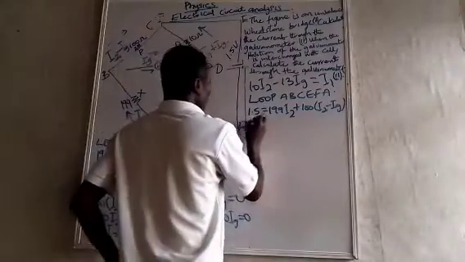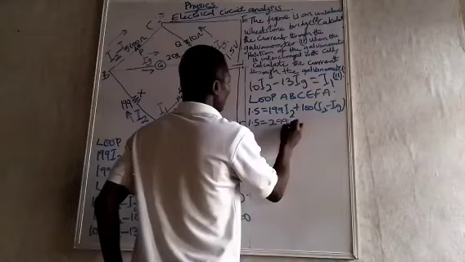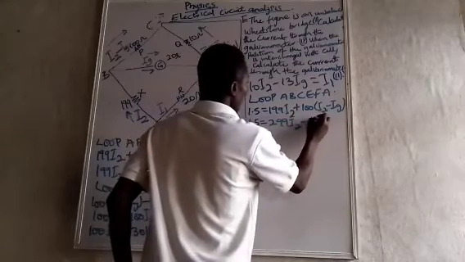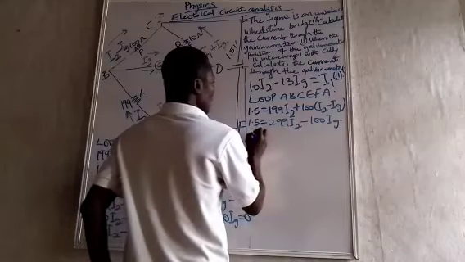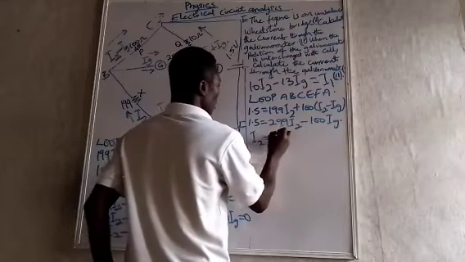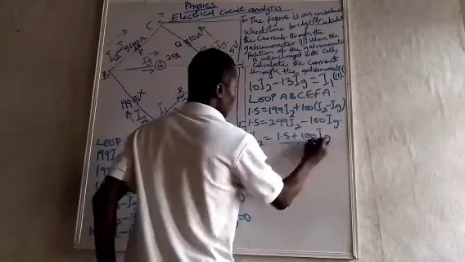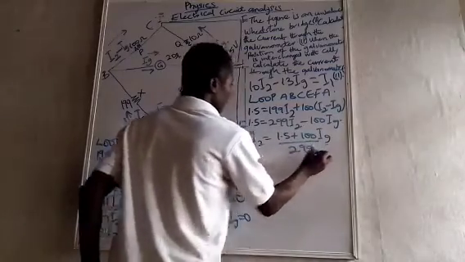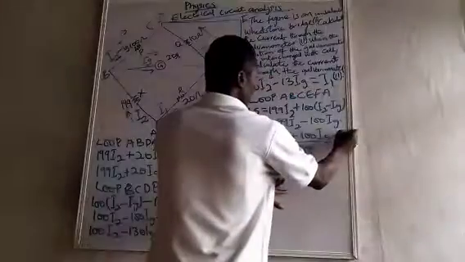So I can say 1.5 equals 299 I2 minus 100 IG. So from here I can say that I2 is equal to 1.5 plus 100 IG over 299. So it's making the job easier now. Let's call this one our number 3.